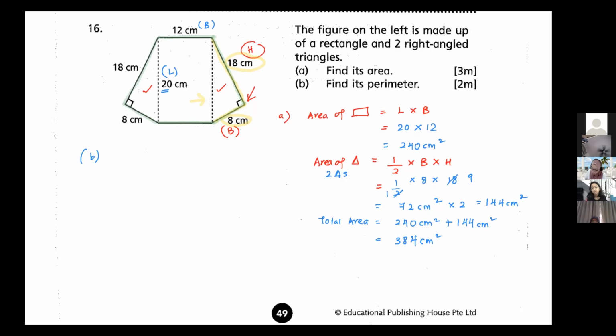So the perimeter is 12 cm, this one, plus 18 cm, plus 8 cm, plus this one, 12 cm, plus 8 cm, plus 18 cm. And this will give you 76 cm as the answer.